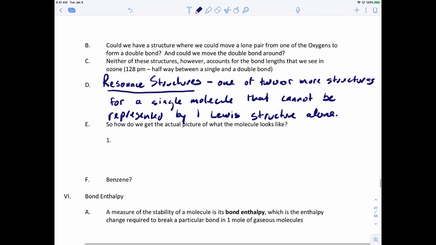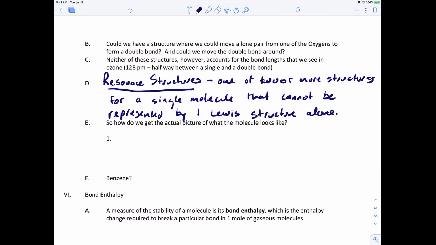Okay, so that being said, if you've got two different Lewis structures, what does this molecule look like in nature? In order to answer that question, what's the actual picture of this molecule in nature? We actually have to combine all the different resonance structures to form something called a hybrid structure. All right, so the hybrid structure would be like this.